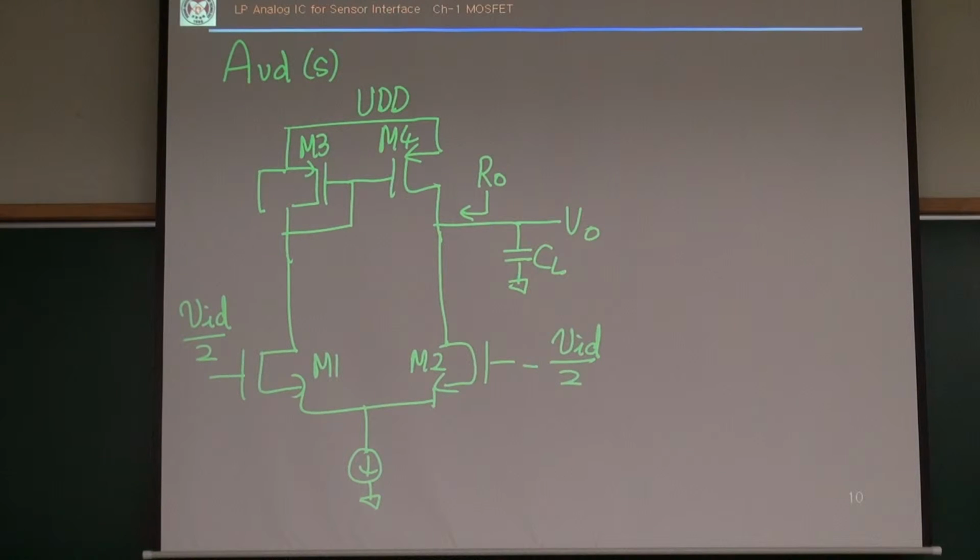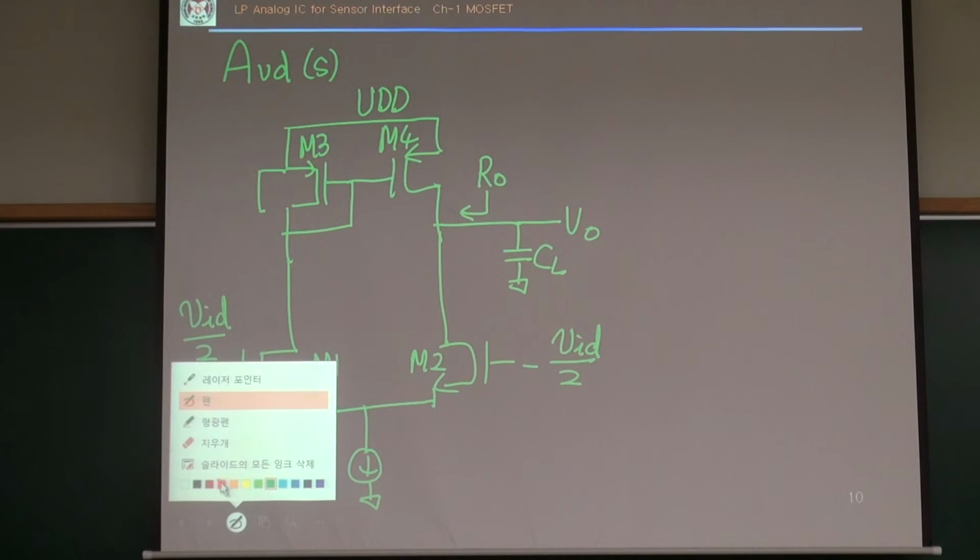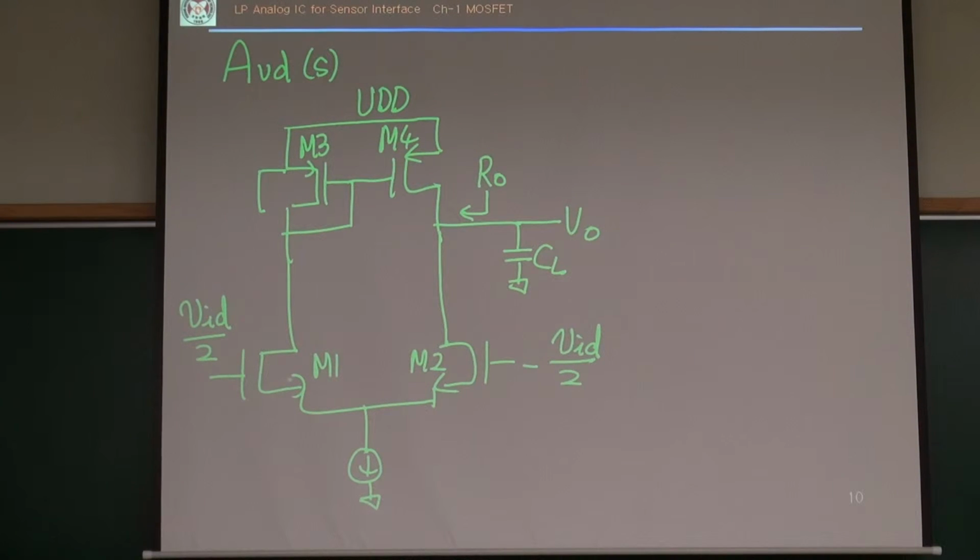For this case, I am employing the T equivalent circuit, and the small signal current flowing through here is half GM1 VID, okay?